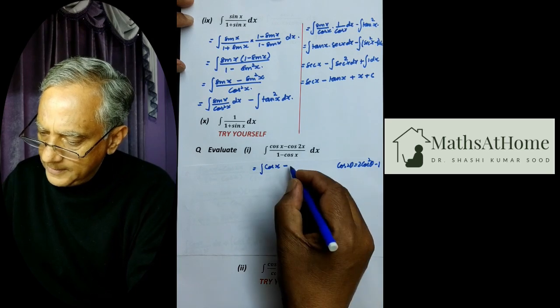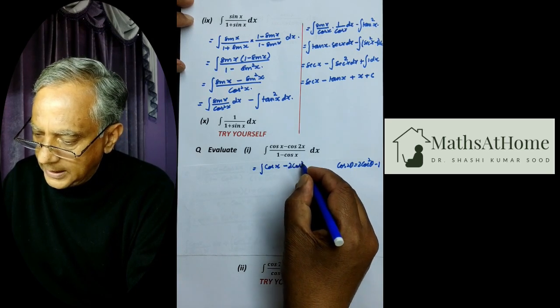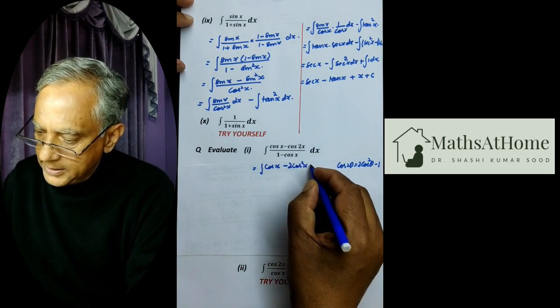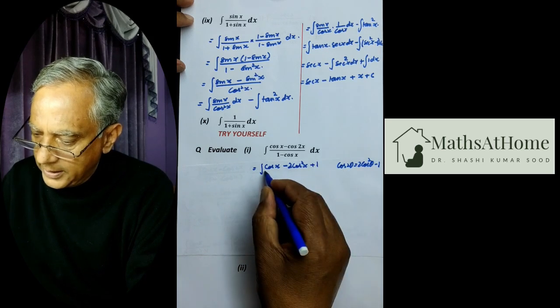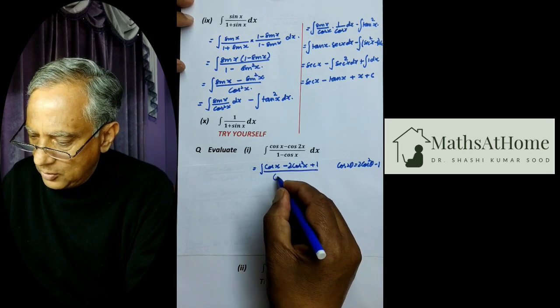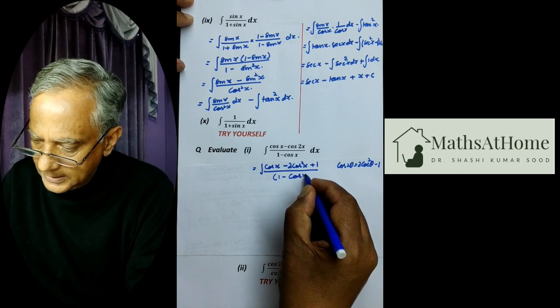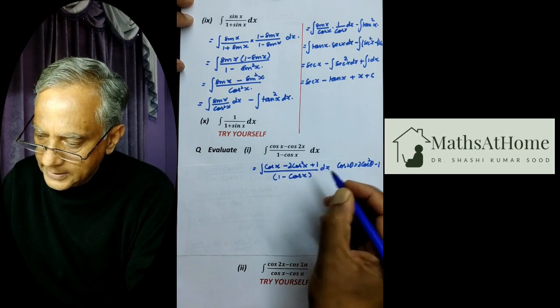So we will have 2 cos square x minus 1, whole divided by 1 minus cos x dx.